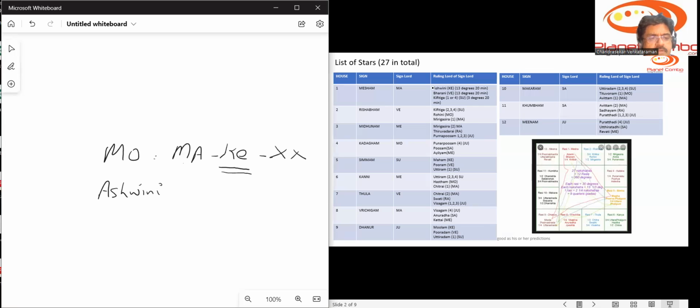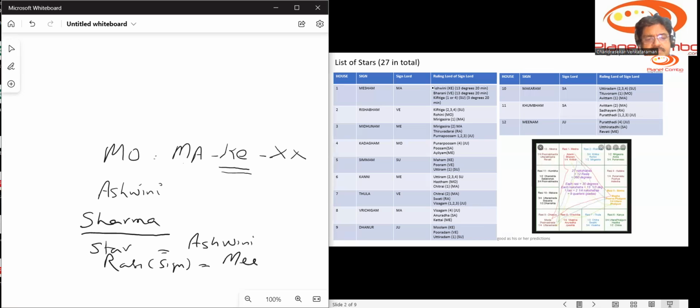As believers of Hinduism, when we go to temples and do the archana, you name the person's name, the star of the person, in this case Ashwini, and the Rasi, which is the sign, Mesham. These are the things you say when you do archana in your name in a temple.